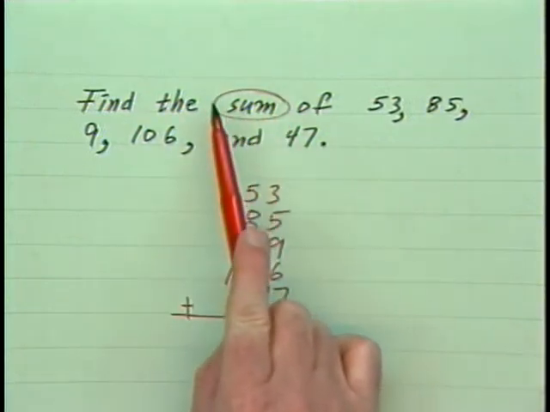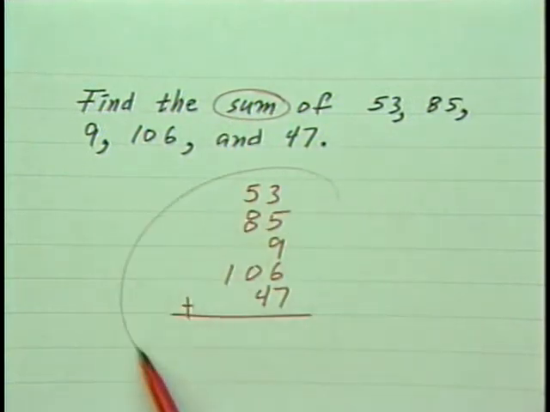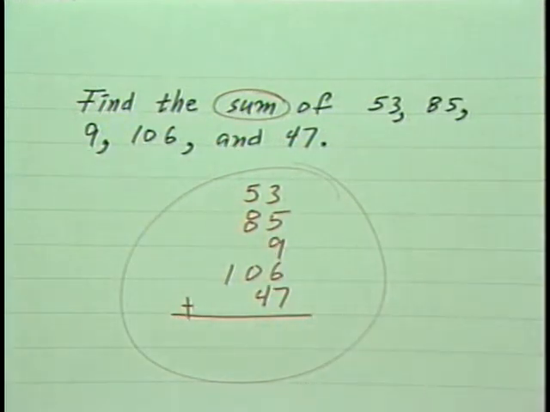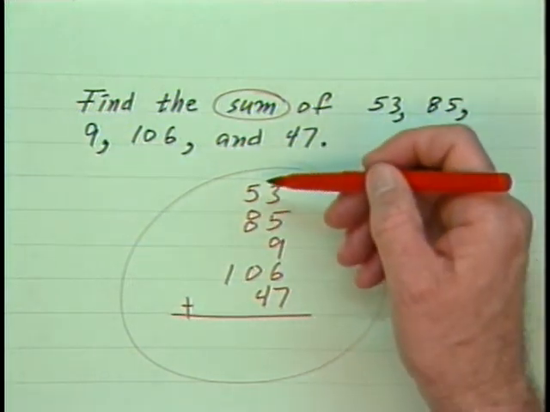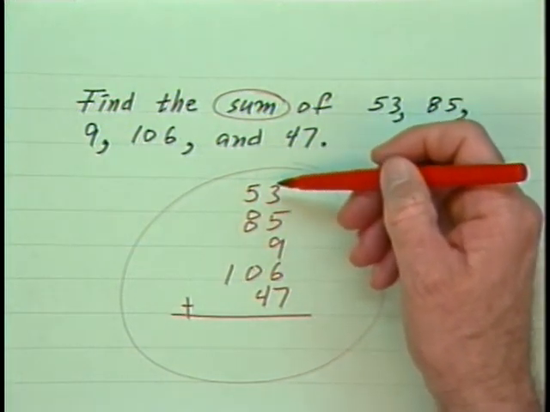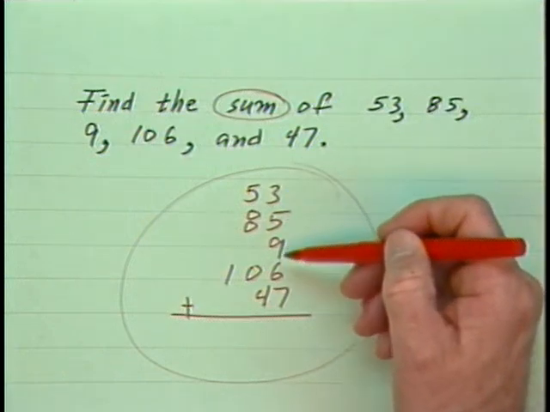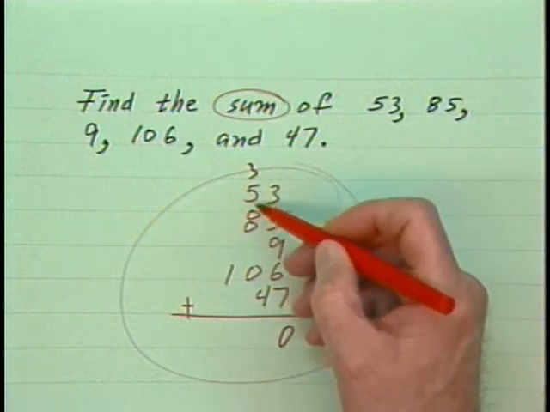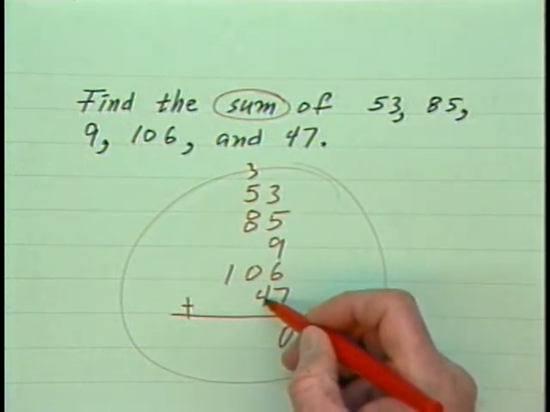So this key word is telling us to do this. And in doing that, can you see we also get some practice in adding. See if I can do this quickly and see if you can follow me. 8, 17, 23, 30. Carry the 3. 8, 16, 20.